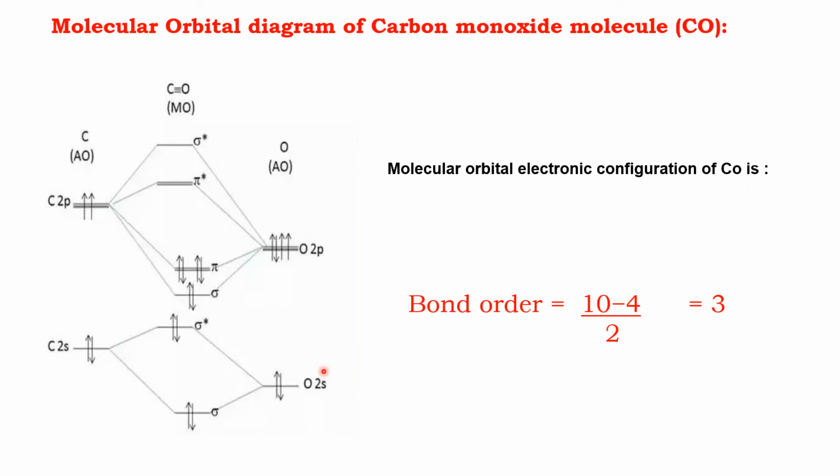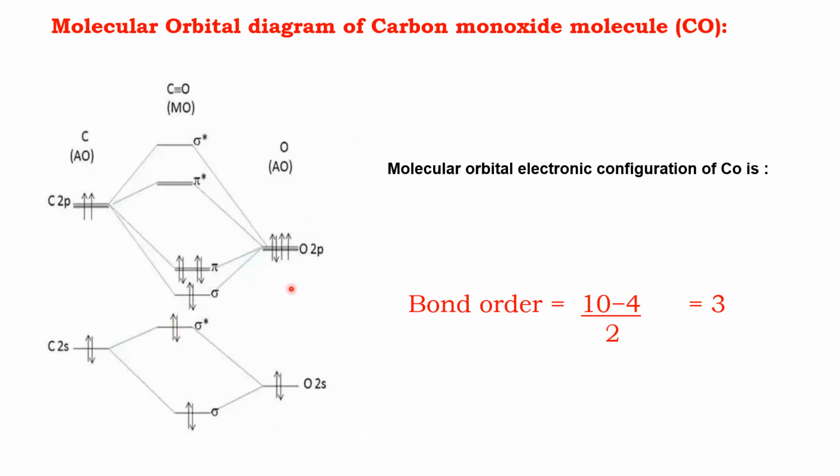When we draw the MO picture of carbon monoxide, we have to represent the atomic orbitals of oxygen a bit below the atomic orbitals of carbon. So the 2s orbital of carbon combines with the 2s orbital of the oxygen atom to form sigma 2s and sigma star 2s.